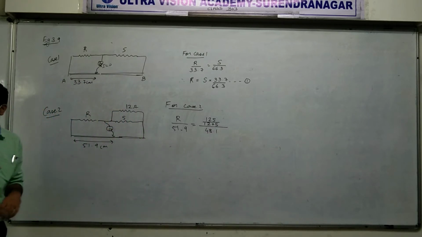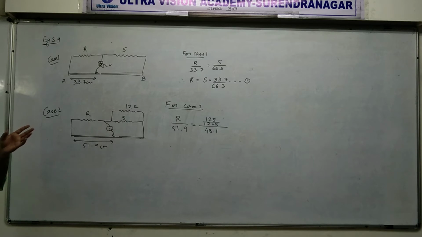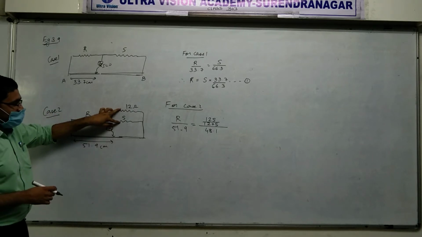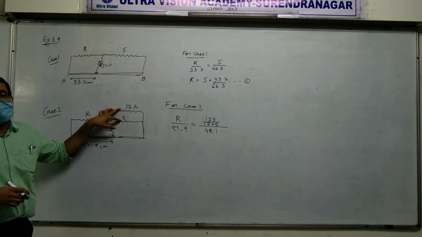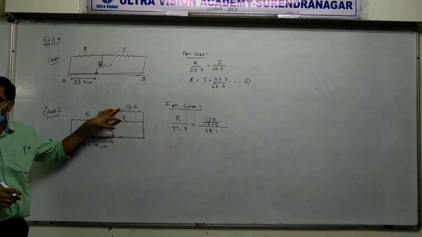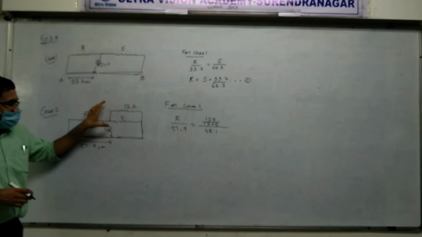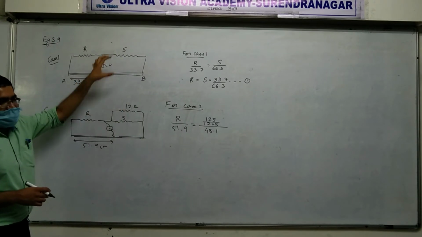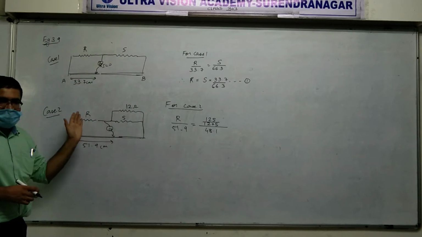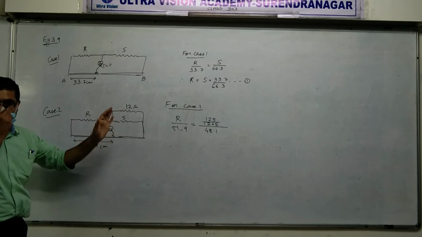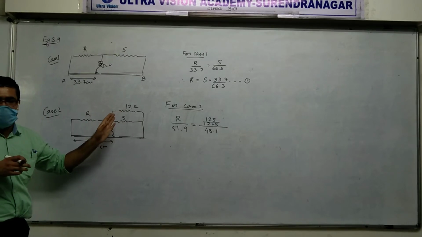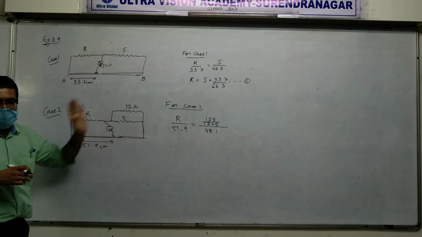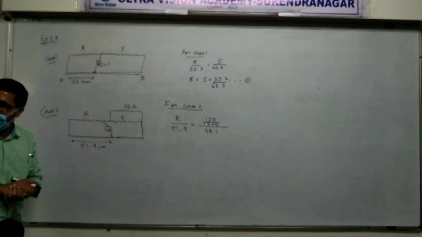Understood? When two resistors are in parallel, their shortcut equivalent is R1R2 upon R1 plus R2. Now that is connected over there instead of S. So this is the first resistance and that is the second one. Clear?